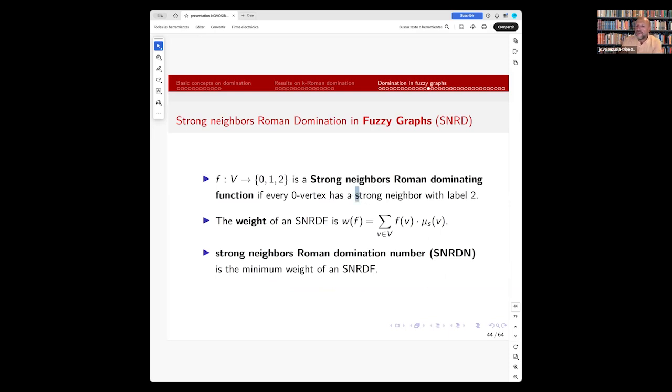In this case, we use the concept of strong neighbor. And also, to compute the weight of a strong neighbor Roman dominating function, we use a concept similar to the one used by Sunitha, computing all the products of the label of the vertices by the mu s of the corresponding ones. Of course, the strong neighbor Roman domination number is the minimum weight of such a strong neighbor Roman dominating function.